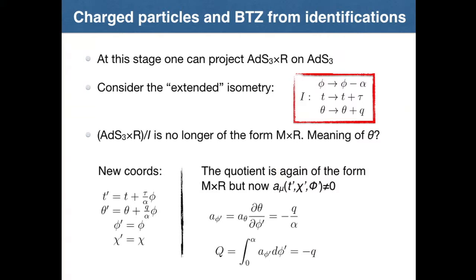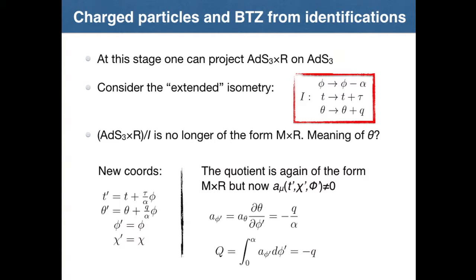And the difference is that now the component of the field along the ADS coordinates is different from 0 after I perform this change of coordinates, and I would like to interpret it as being the U1 field associated to the fact that I'm considering also Chern-Simons U1 theory.